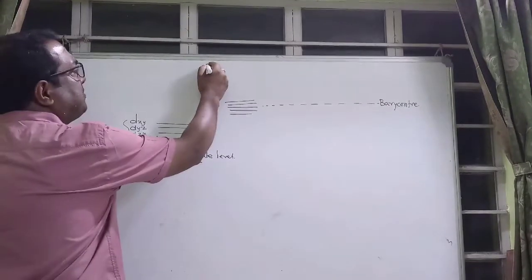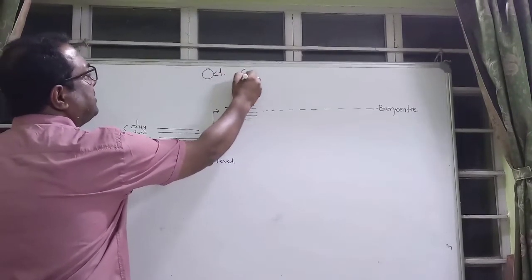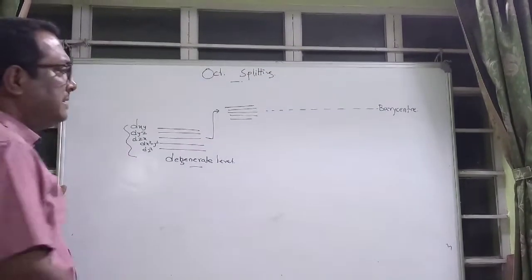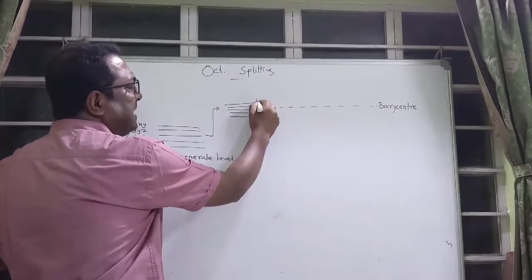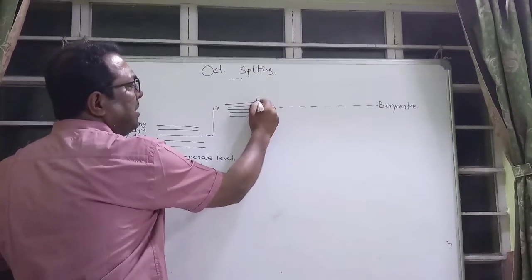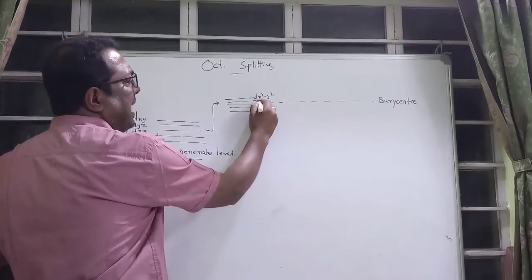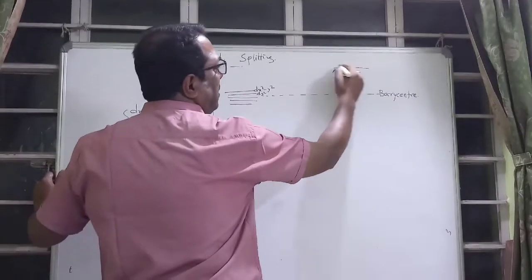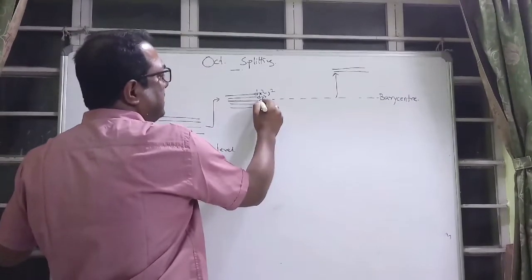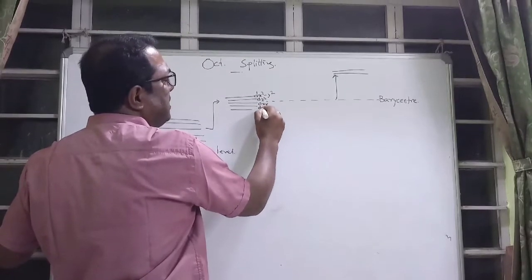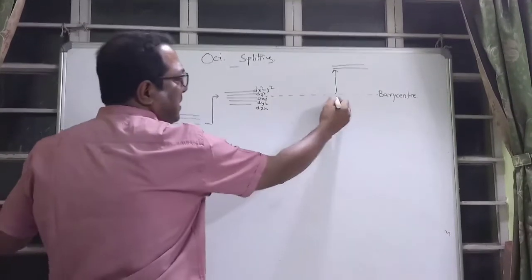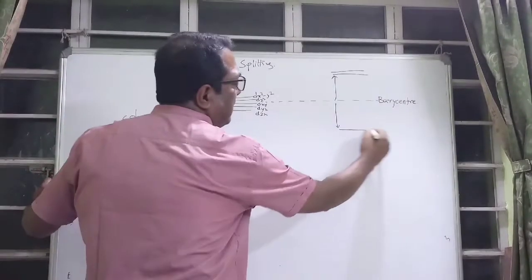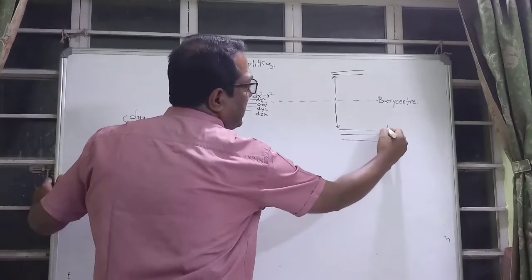For the octahedral splitting, we will see that the dx square minus y square and dz square rise upward more and they split up. The dxy, dyz and dzx come down with a lower energy. So the 3 d orbitals, dxy, dyz and dzx, come with a lower energy.